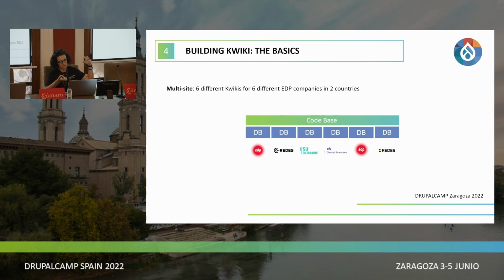Which is modular and just on, off, and it all still functions, so that we can meet the different demands from these 6 different stakeholders and make sure that their Qwiki is as close as possible to the ideal Qwiki for them. And of course, with 6 stakeholders, the ideal Qwiki for each one of them will be different.